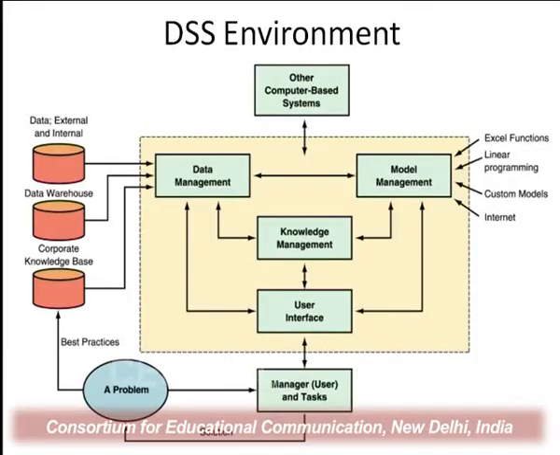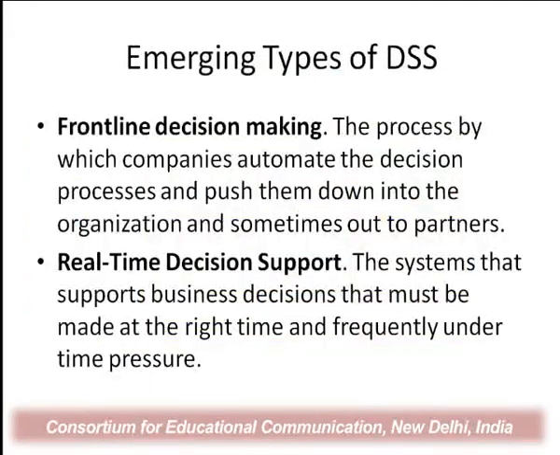All these subsystems work together, and what you get is a company based decision making system. The manager who depends on this will try to solve the problem utilizing all these components of the decision support system.